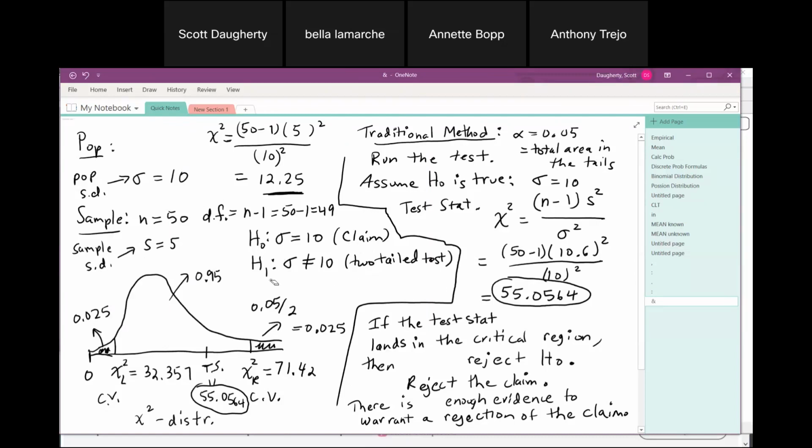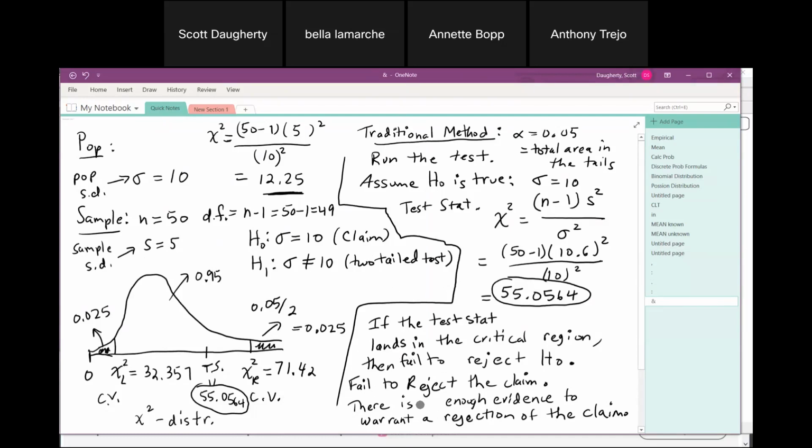Now, if the claim is attached to the alternative hypothesis and you reject null, then that's when you would support the alternative, which would be supporting the claim. It's the only way to support the claim. If the claim is attached to the null, you'll never be able to support the claim. The best result that you'll have is a failure to reject the null, which would be a failure to reject the claim.